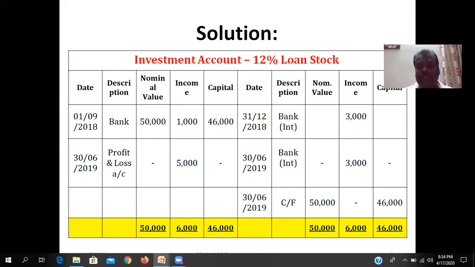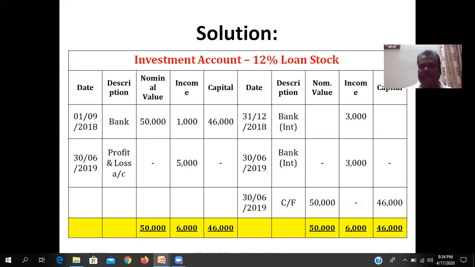How to calculate the interest? Nominal value 50,000. The interest rate is 12%. So 50,000 into 12 upon 100. But we have to compute the interest only for 2 months, so into 2 upon 12.